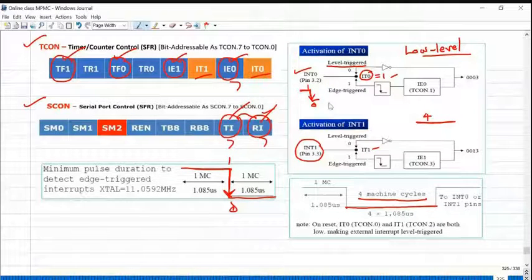In normal condition, it is usually low level triggering. The condition is that this pin is usually high. Whenever an interrupt occurs, the particular pin is brought to 0 for a minimum of 4 clock pulses.